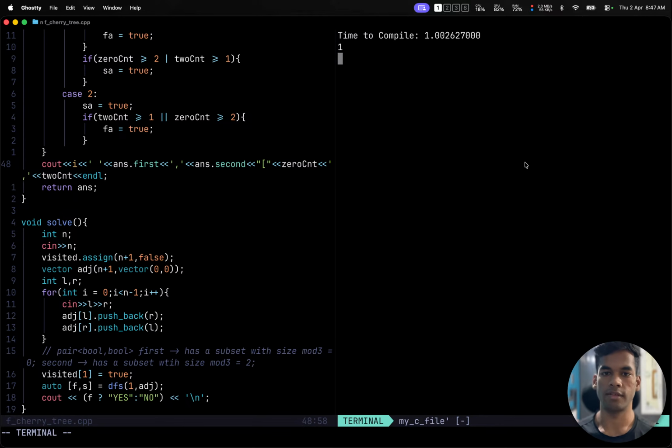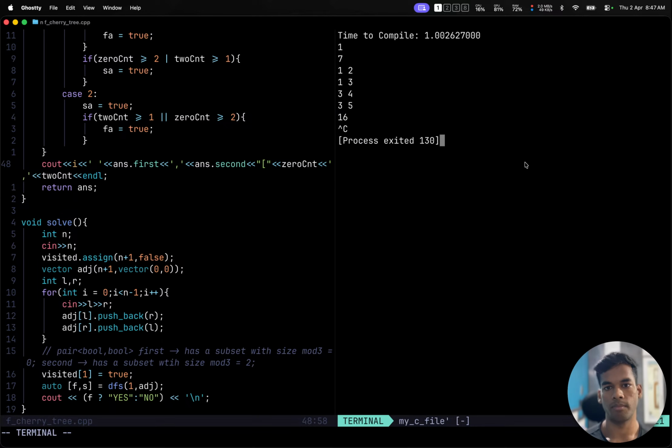Compile. One test case, 7 nodes, 1 to 2, 1 connected to 3, 3 connected to 4, 3 to 5, 1 to 6, 1 to 7.